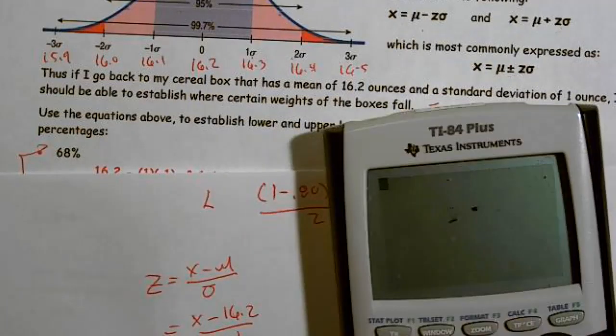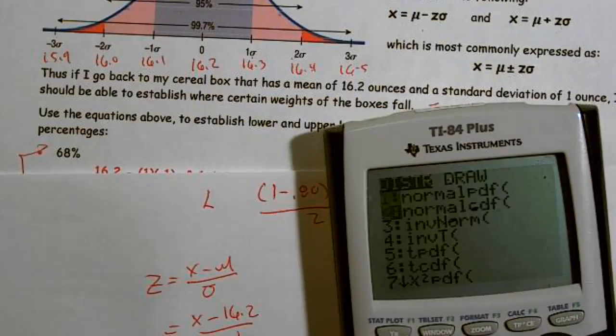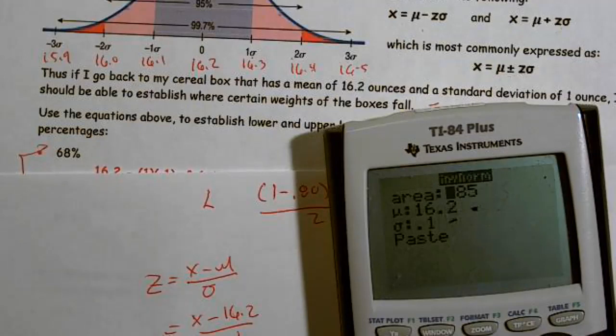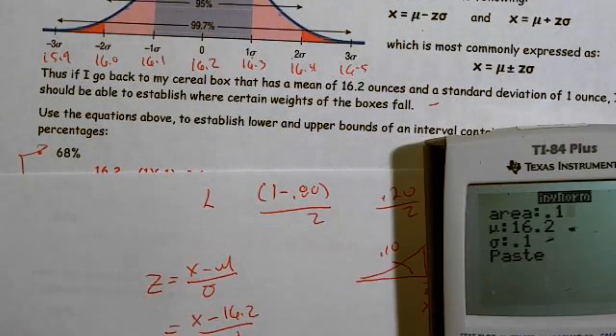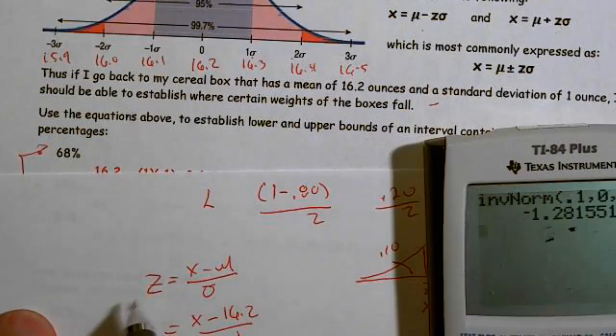So if I go second vars, inverse norm, we're looking for 10%, 0.10, mean is 0, standard deviation is 1. There's my z-score. My z-score is negative 1.28.